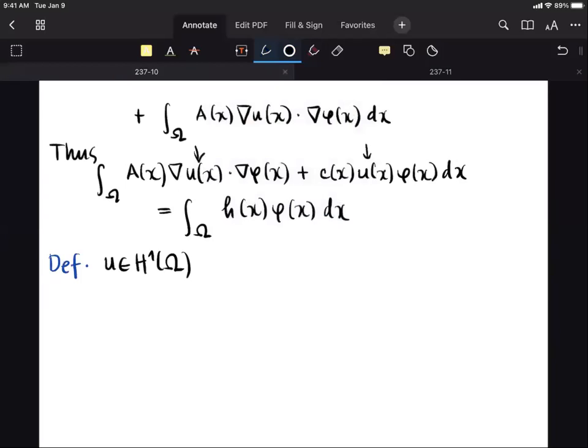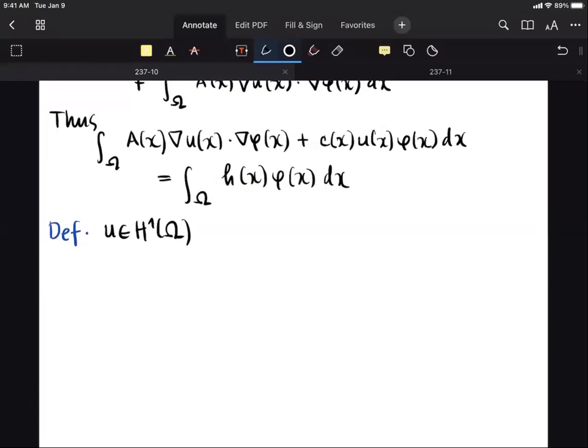And later we will see that these integrals are well defined due to the assumption on the matrix function A and the scalar function C, that these are indeed well defined. Okay. So this H1 function, the Sobolev H1 function, which is, by the way, W^{1,2}. So we know that this is a Hilbert space.